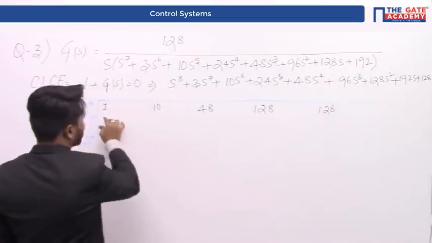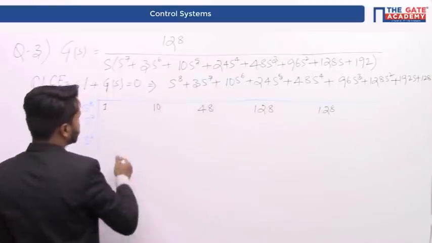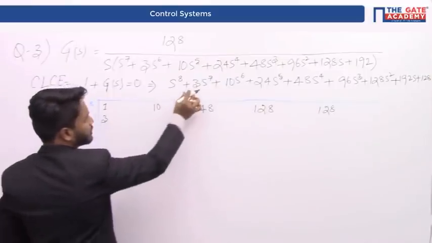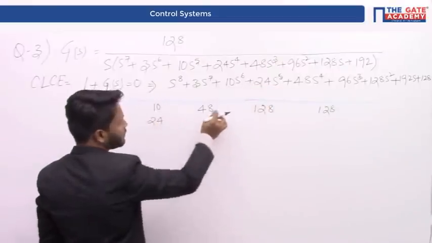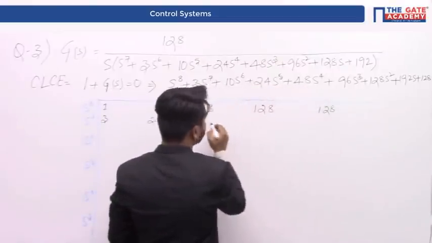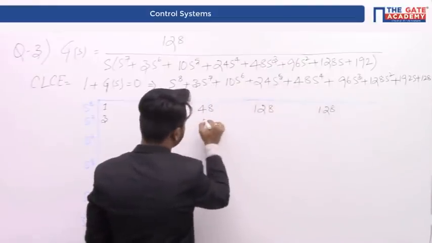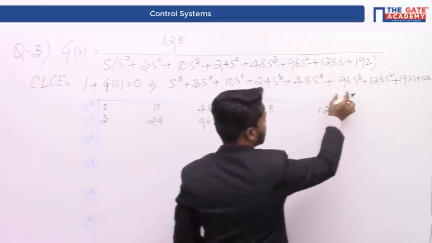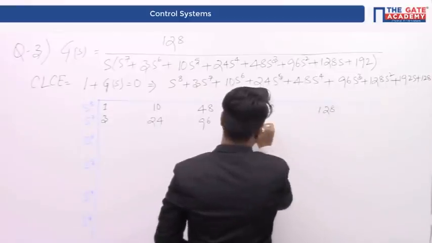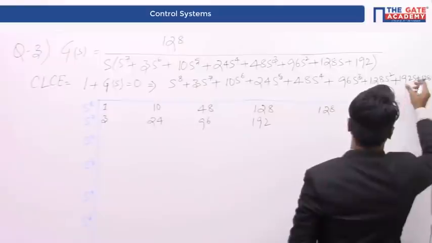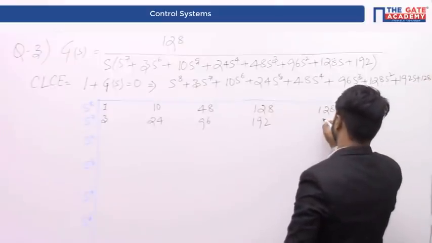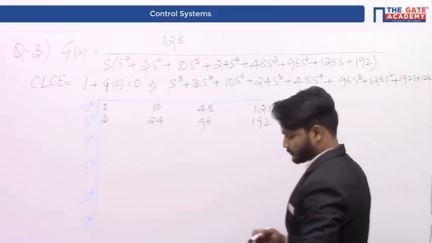So for the second row, start with 3. Next alternate is 24. Next alternate is 48. Next alternate is 96. And the next alternate is 192. And the next alternate is nothing, there is nothing, therefore it is 0.